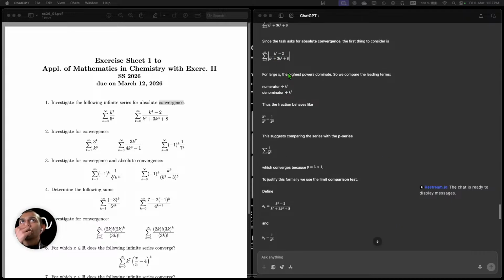So k raised to 4. When you set the function limit to infinity... Oh, stop at the lights.